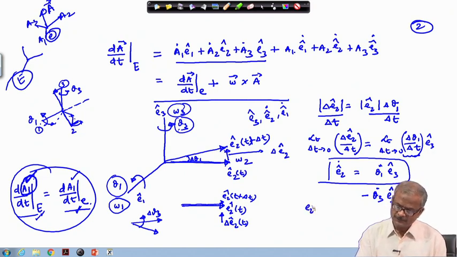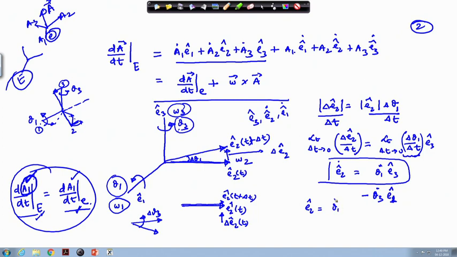This way, E 2 dot will consist of theta 1 dot times E 3 cap minus theta 3 dot times E 1 cap, or we can write this as omega 1 times E 3 cap minus omega 3 times E 1 cap, where omega 1 is the magnitude. This is dot here. This particular part you have to understand properly, and without that the things will not be complete.